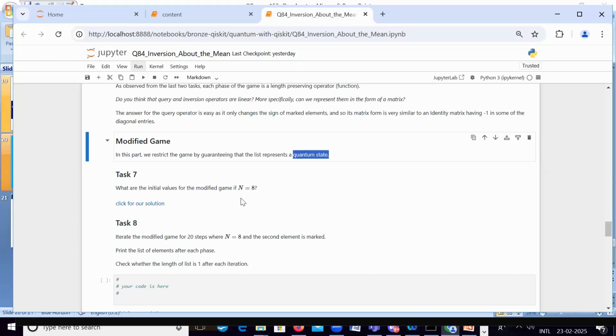At the very beginning, what are the initial values for the modified game? Means how we can represent the same classical representation in quantum state for the same number 8. So here is the solution.